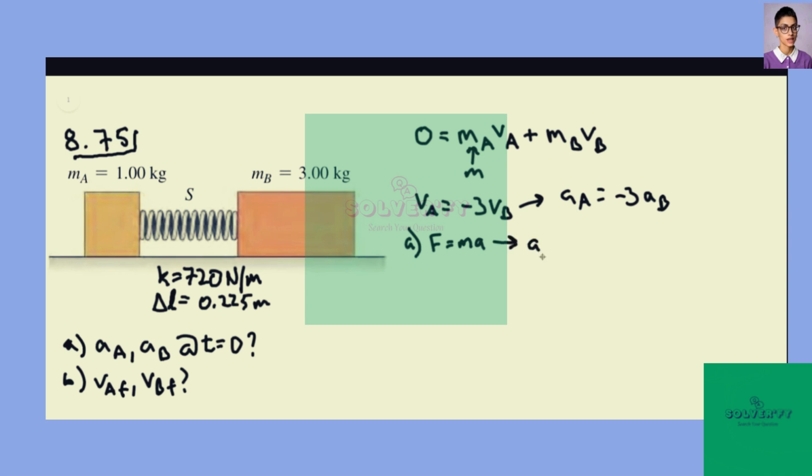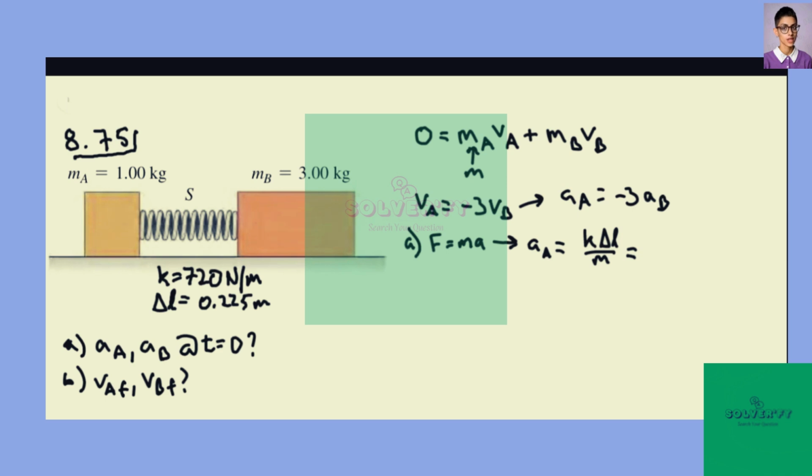So then the acceleration of A is going to be K times delta L divided by m, which remember is 1 kilogram. And this is 163 meters per second squared.